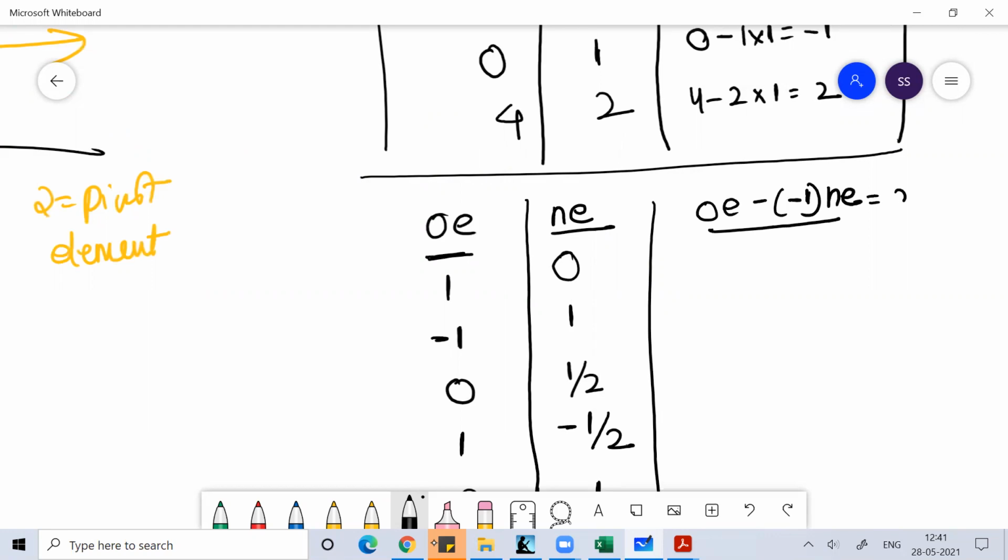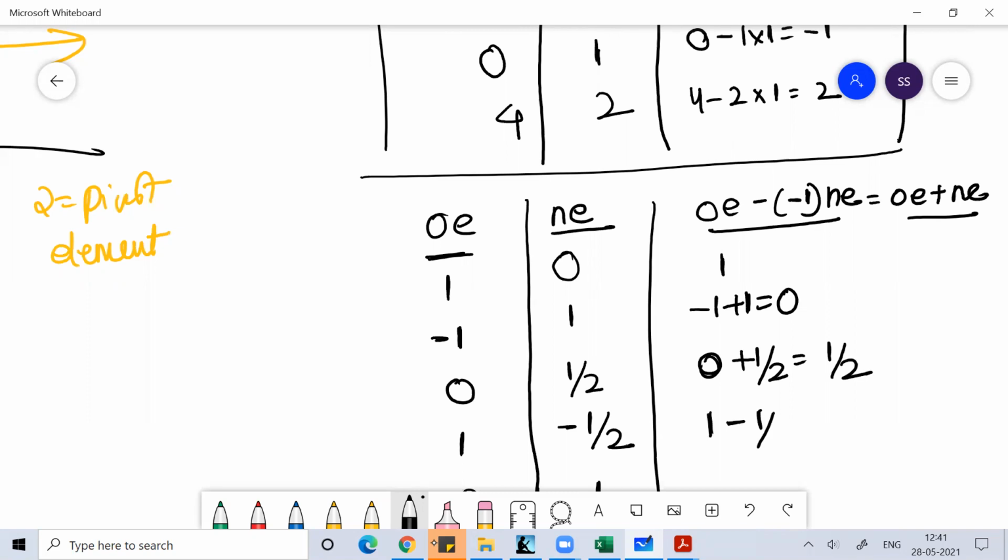I can write the formula then as old element plus new element. That is the formula. This is 1 minus 1 plus 1, that is 0. And this is 0, then 0 plus 1 by 2, that is 1 by 2. This is 1 minus 1 by 2, this is 1 by 2.